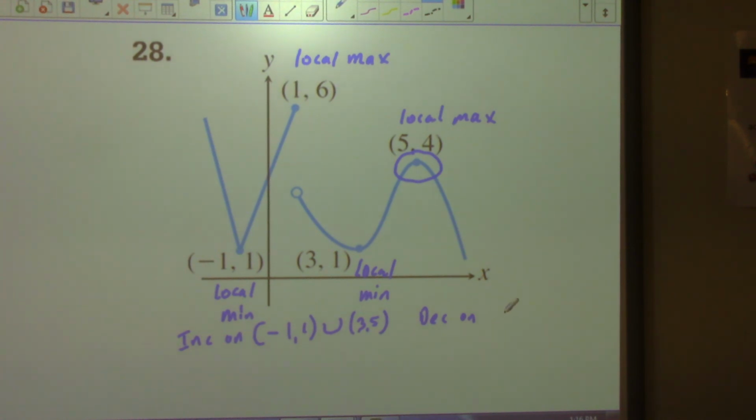So where are we decreasing here? Negative infinity, I mean, if we assume that this thing is continuous, probably a good assumption, negative infinity to negative 1. And where else? 1 to 3. And one last place. 5 to infinity, and beyond. Okay, so that's 28.